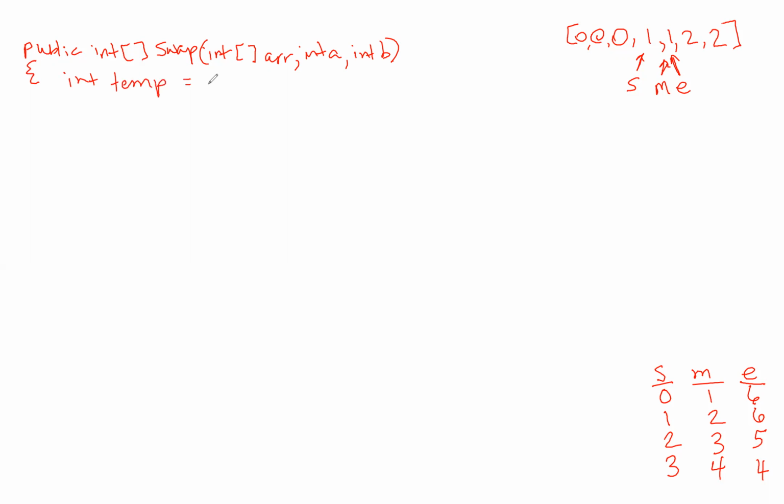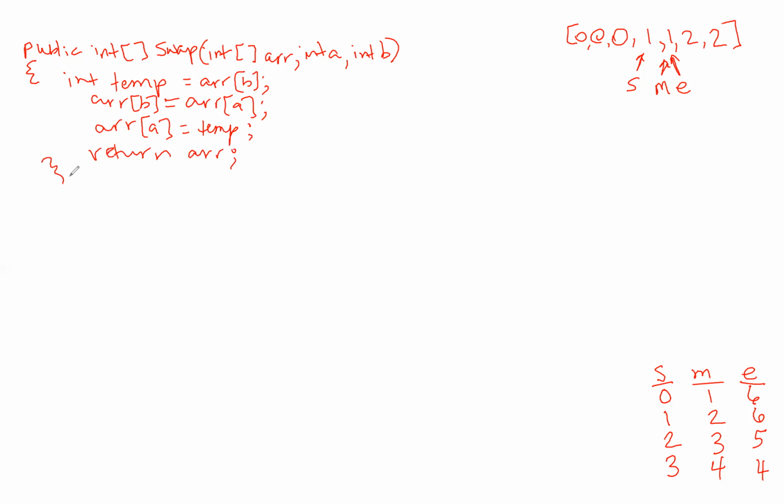It's first set to array at B. Then array at B is going to equal array at A. And then array at A equals our temp. And we're just going to return the array. Basic swap function. All right, and then we know we need to go in and write our main function.